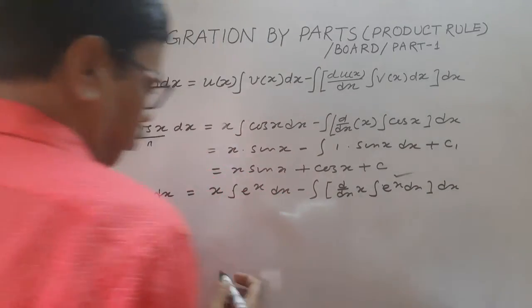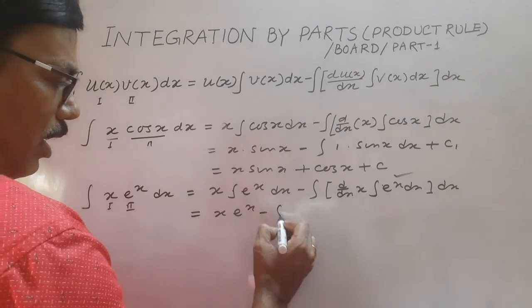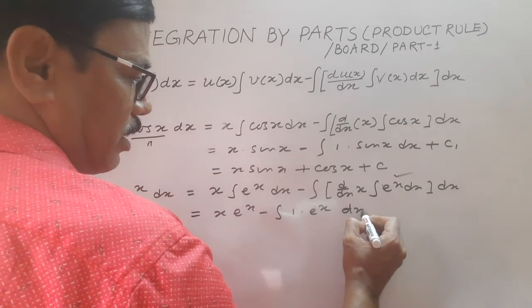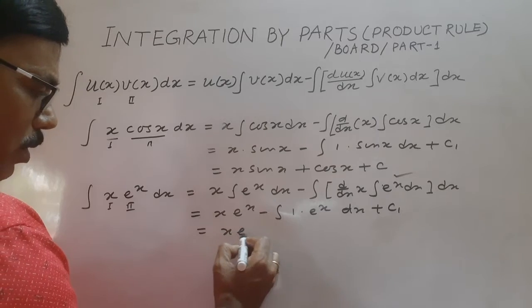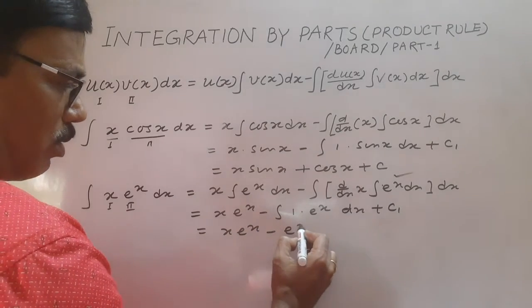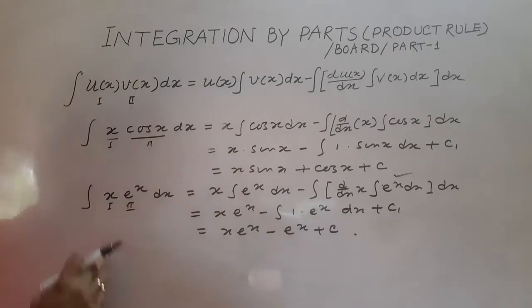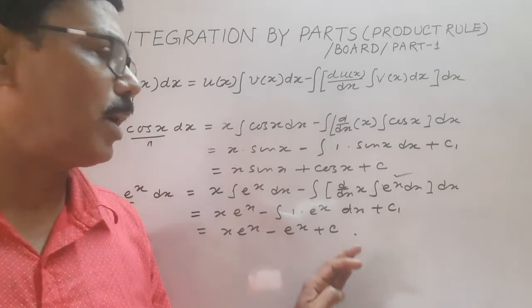So x e to the power x minus, this is 1 into e to the power x dx plus c1. So x e to the power x minus e to the power x plus c. So this is the product rule of integration.